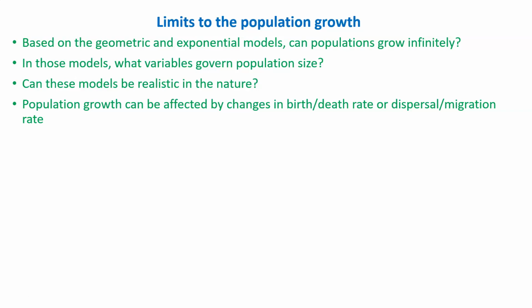In addition to births and deaths, certain individuals can move into your population and some individuals in your population can move out. So dispersion and migration can also impact your current population size, which may not be detected by just looking at time or by considering the growth rate constant.